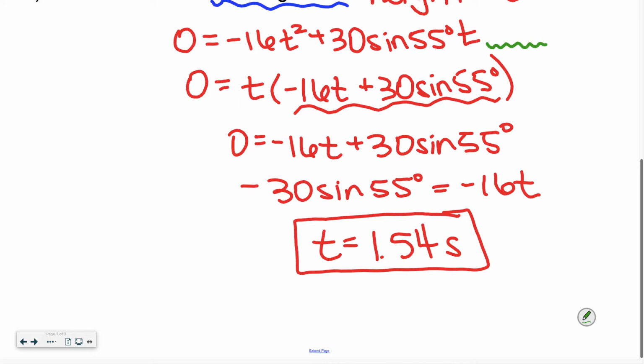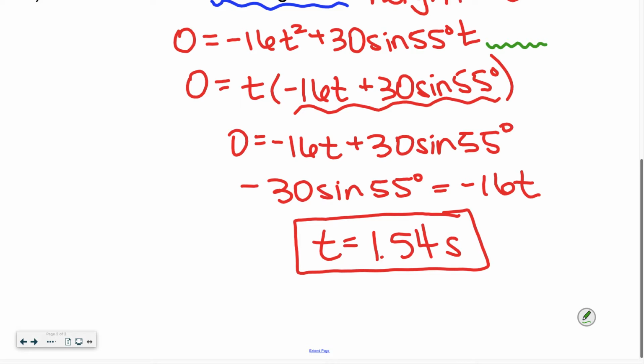What would you have to do to solve? Well, with that sine of 55, you're probably not going to be able to factor. So what's our fallback when we can't factor a quadratic equation?